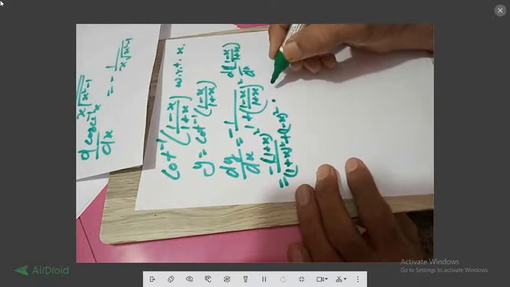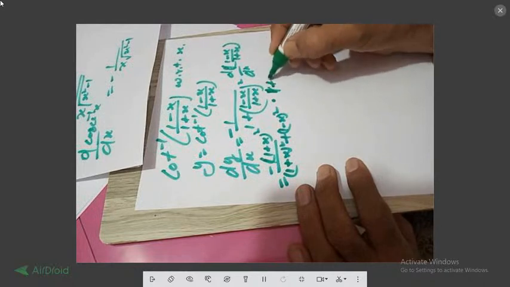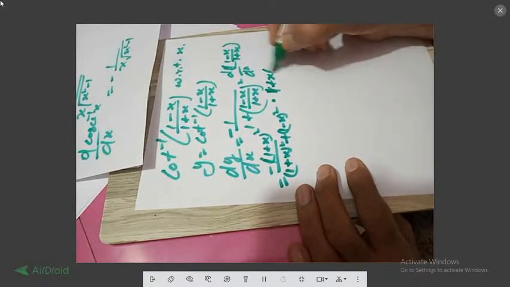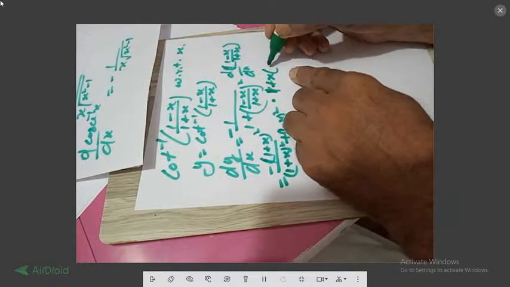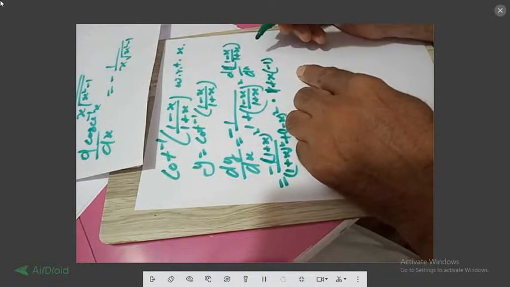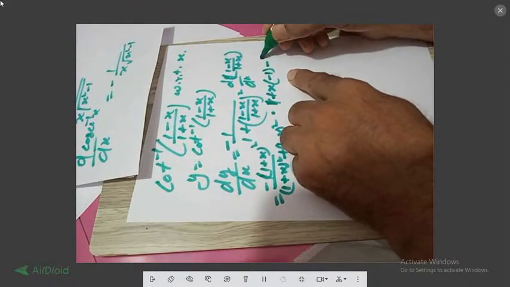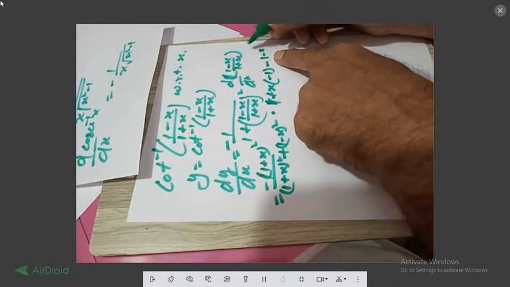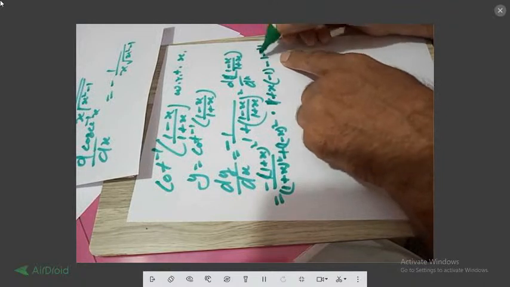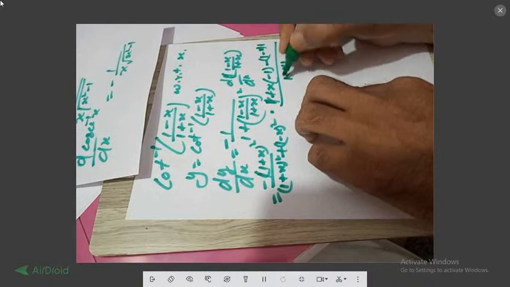First of all, v into differentiation of 1 minus x, minus 1 minus x into differentiation of 1 plus x, which is equal to 1, oblique 1 plus x whole square.